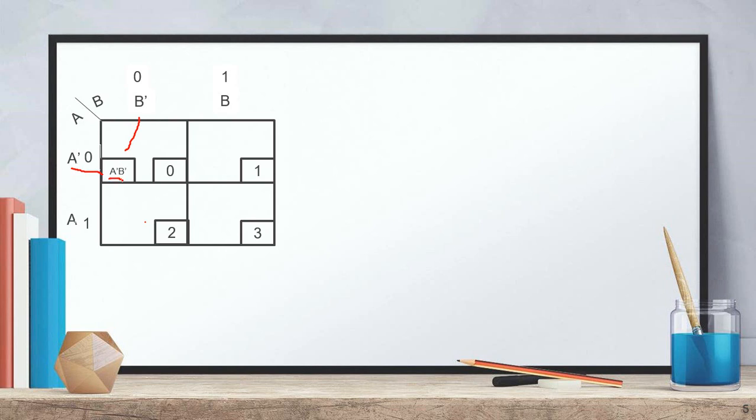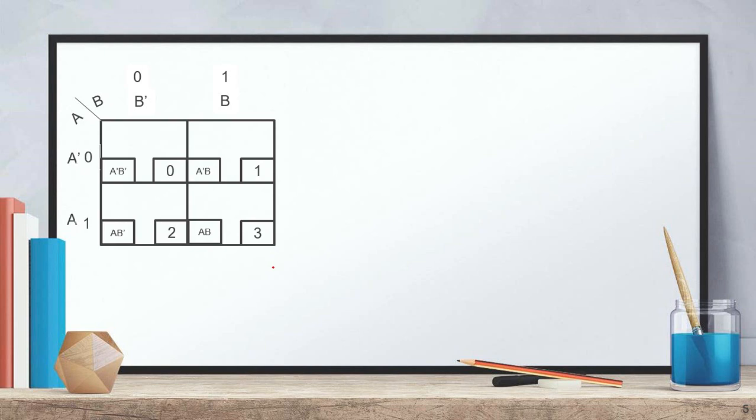The next one, this one is A bar and this one is B, so it is called A bar B. And the next expression we call A B bar, because this is for A and this portion is for B. And the last one, this one is A and this one is B, so it is called A B. Like that we can represent a KMAP in either equation form or 0 1 form.